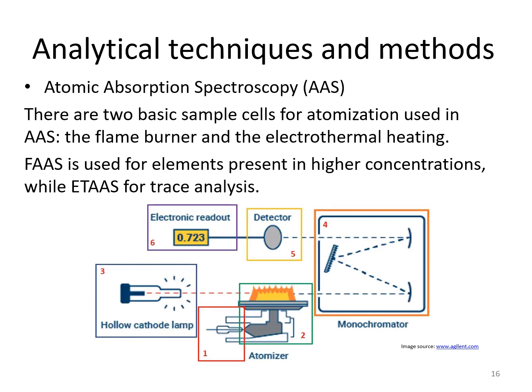So you need to have your sample in a liquid form. It needs to be exposed to a certain source of heat, a source of energy, where the sample will be vaporized, atomized, and where the certain elements can absorb the light from the hollow cathode lamp.